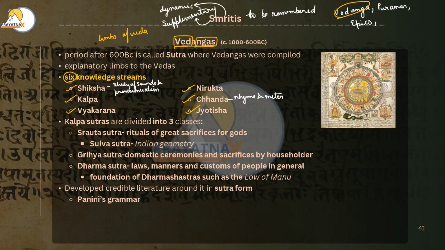Further, Vyakarana dealt with the study of word and sentence structure. Then Nirukta dealt with the meaning of complex phrases and words.